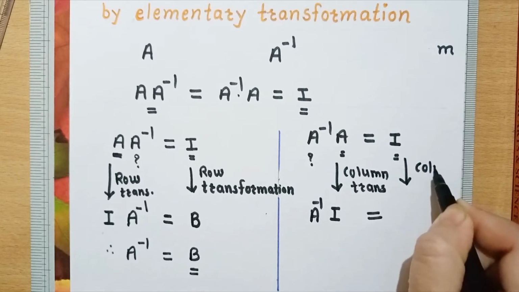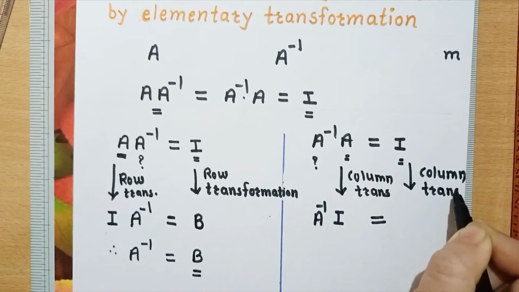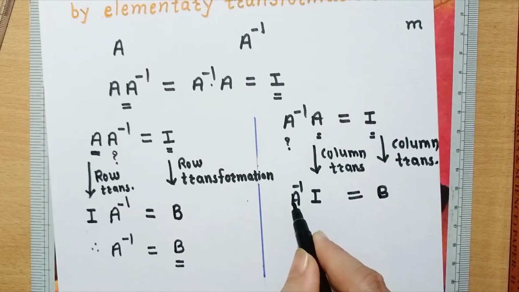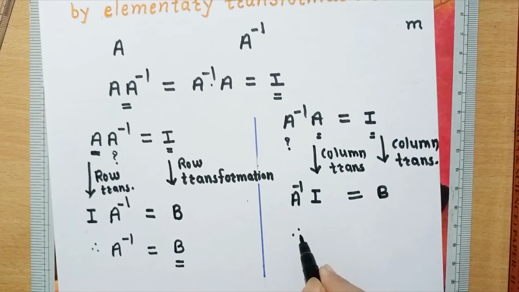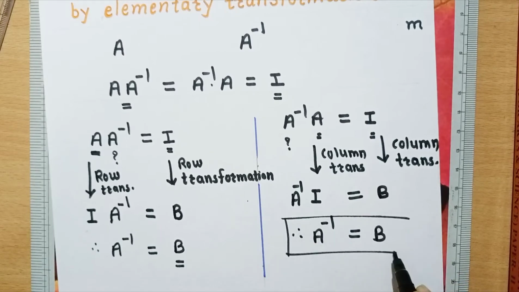So you will get a new matrix. Let that matrix be B. Therefore again I times A inverse will be only A inverse, and in this way you can find the inverse of the given matrix.